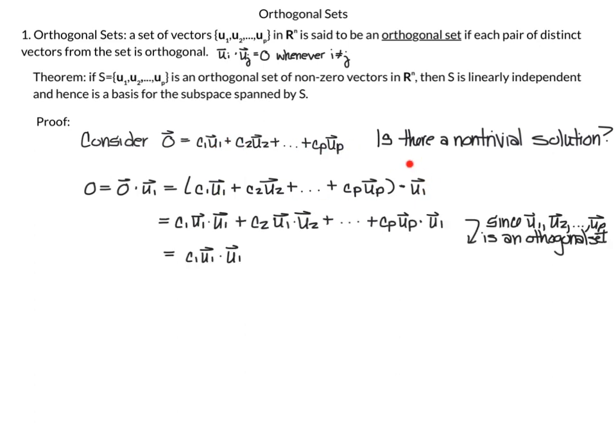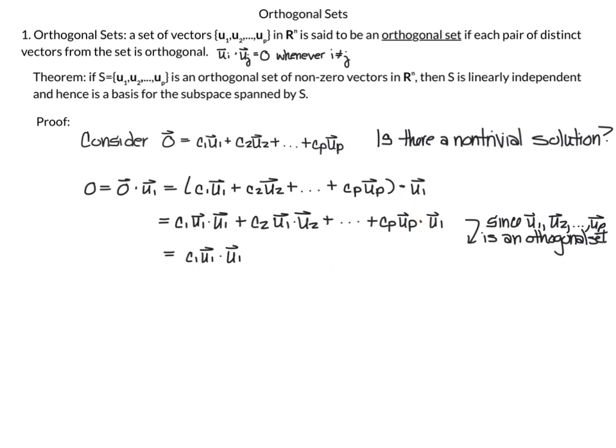Since we have this distributive property of dot products, then we can distribute in the u1, and I kind of went ahead and rearranged the terms. So we have c1 u1 dot u1, we have c2 u1 dot u2, plus up to cp u1 dot up. So I combined a couple of algebraic steps from here to here.